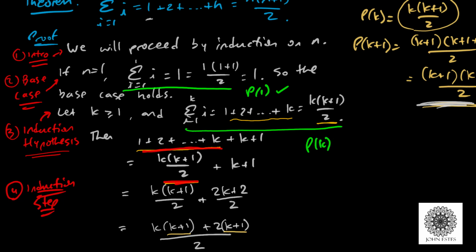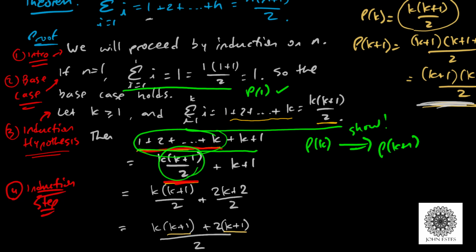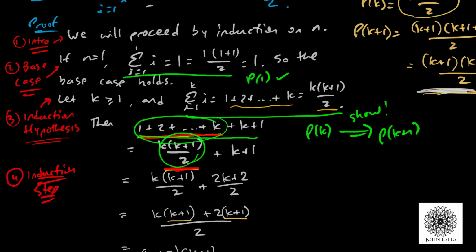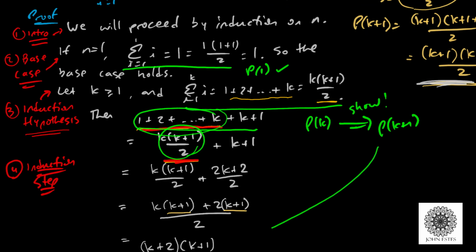So P of k is true, I need to show that P of k plus 1 is true as well. Okay, that's what I got to show. So I did that. I added up 1 through k plus 1, which is what I need for k plus 1, and then used the fact that 1 through k is actually this summation through the formula, did some algebra, and ended up with the k plus 1th instance of that formula.